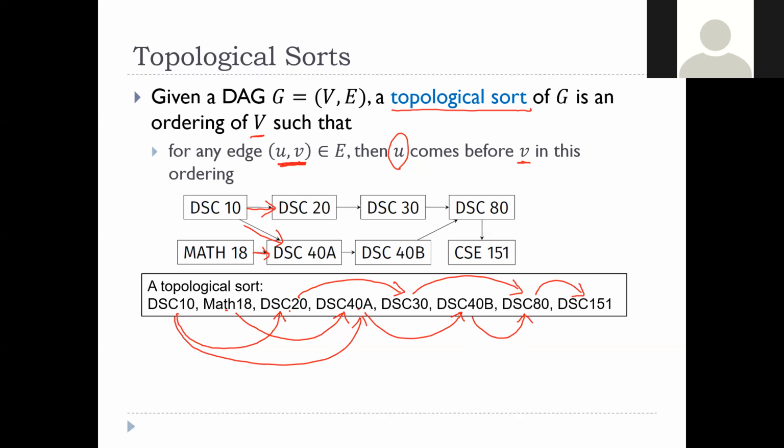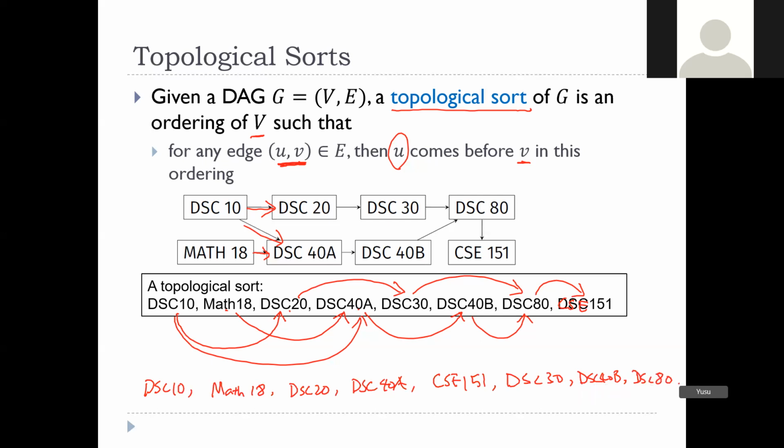Now, what is an order which is not valid? Well, if I say DSC 10, Math 18, DSC 20, DSC 40A, and then CSE. Oops, I forgot to write CSE. This is CSE 151, DSC 30, DSC 40B, DSC 80. So if this is my ordering, I only changed the position of CSE 151.